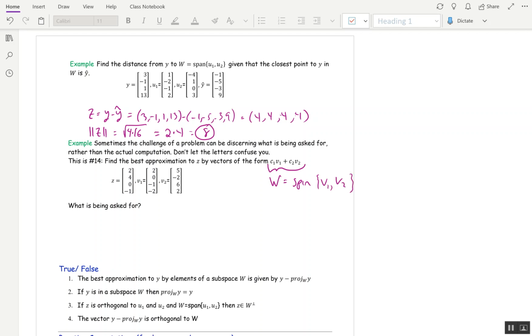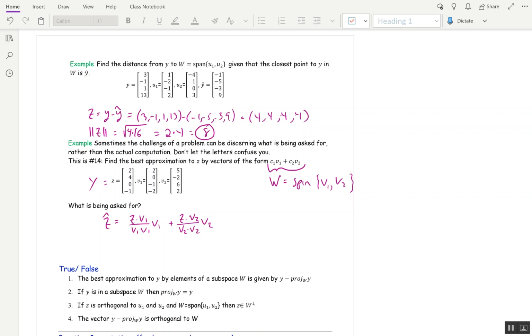And z is playing the role of what we called before y. So what really is being asked for is z hat. We want the projection of z onto W. And so the formula for that is (z dot v1)/(v1 dot v1) v1, plus (z dot v2)/(v2 dot v2) v2. So don't let the letters throw you off.